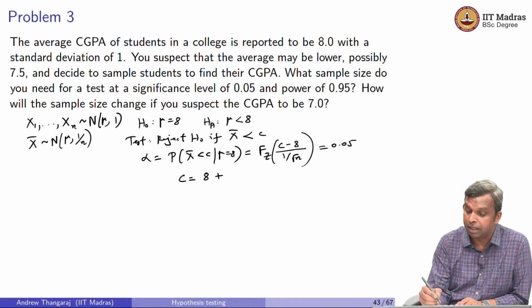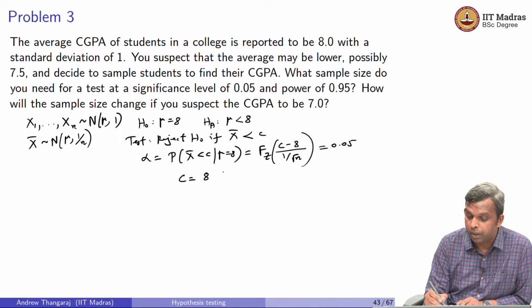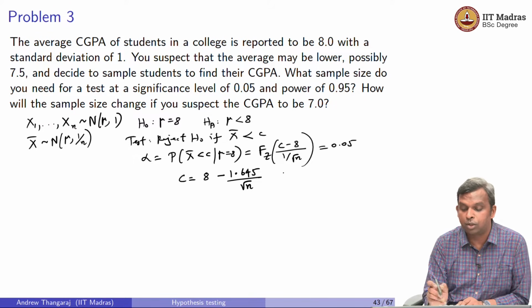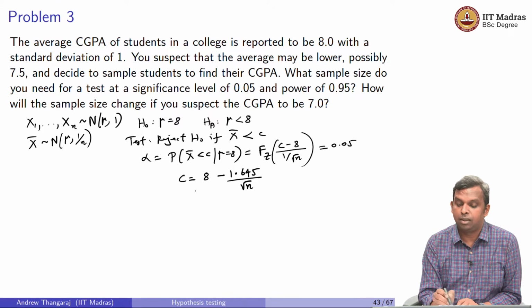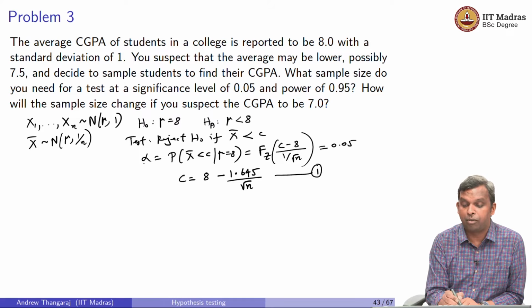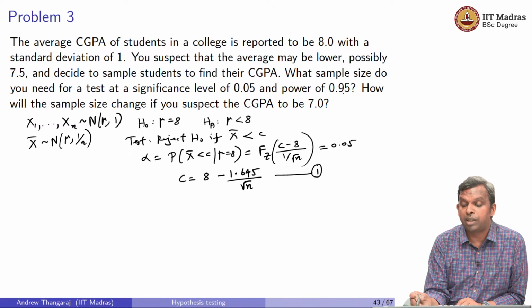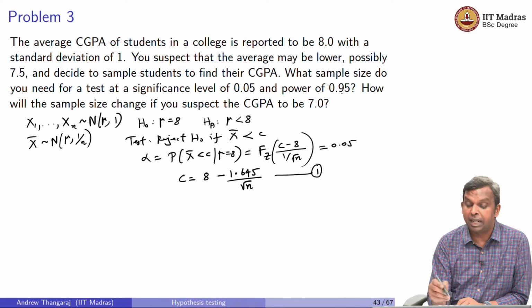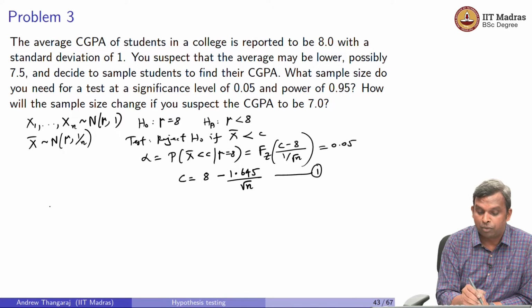So you're going to get c equals 8 minus 1.645 by root n. This is your formula for c, so keep this in mind. You can hold this as equation 1. This came from alpha.